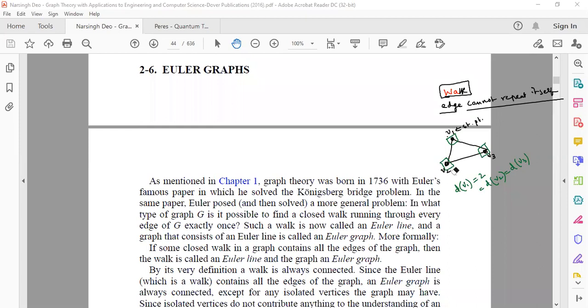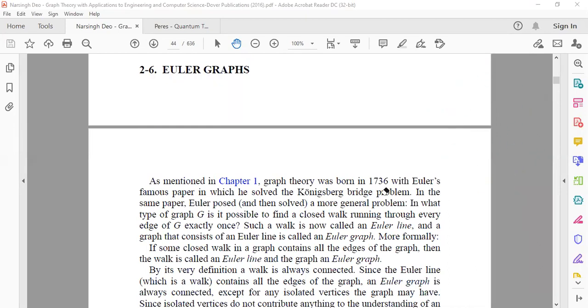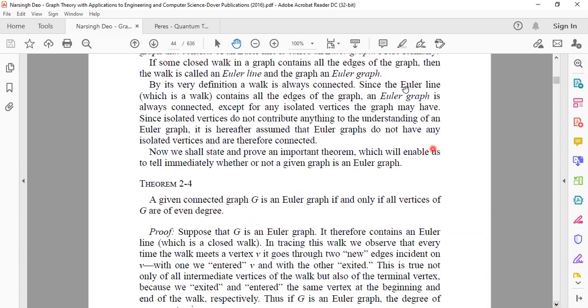Why am I mentioning this particular thing to you? It is because of the following fact. Actually, it is a theorem which goes like this. A given connected graph capital G is an Euler graph if and only if all the vertices of capital G are of even degree.